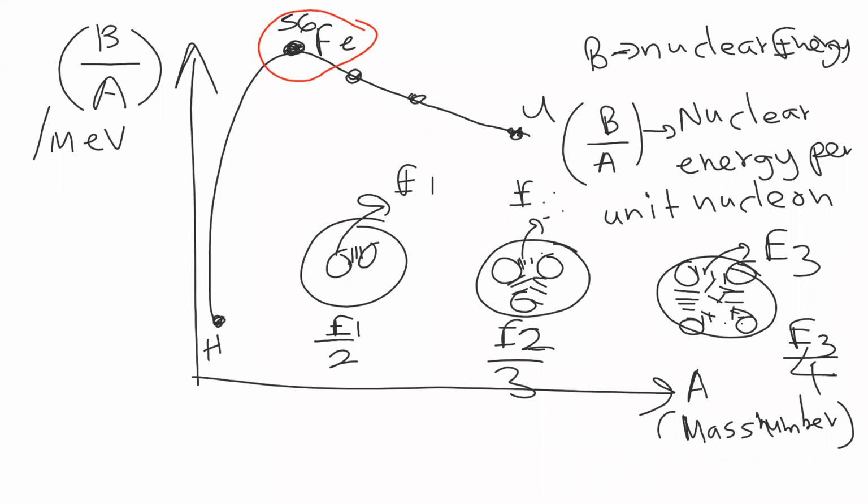That's why we should take not B but B over A to compare. That's why we can clearly say iron is the most stable nucleus that forms.